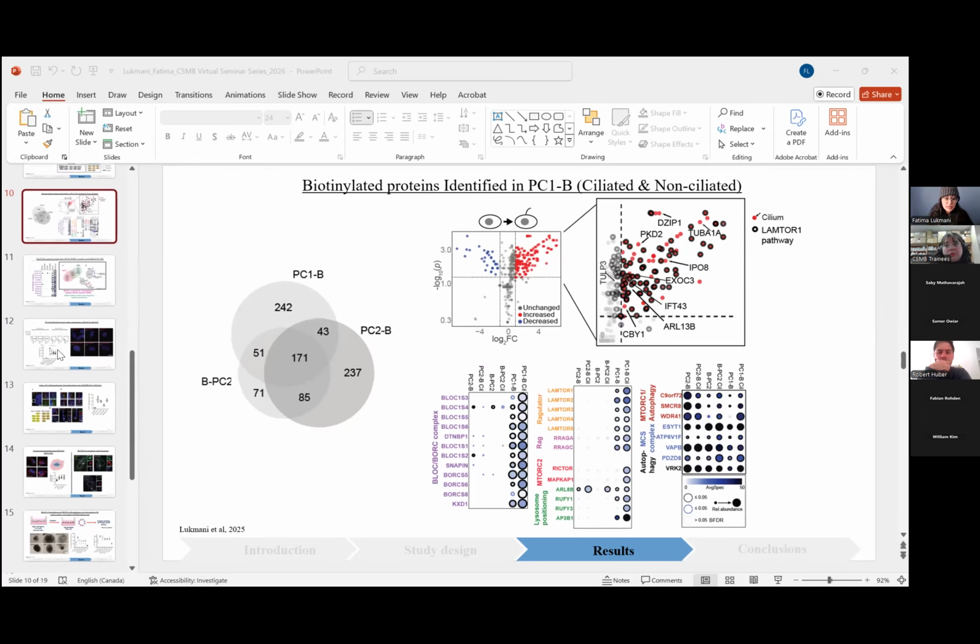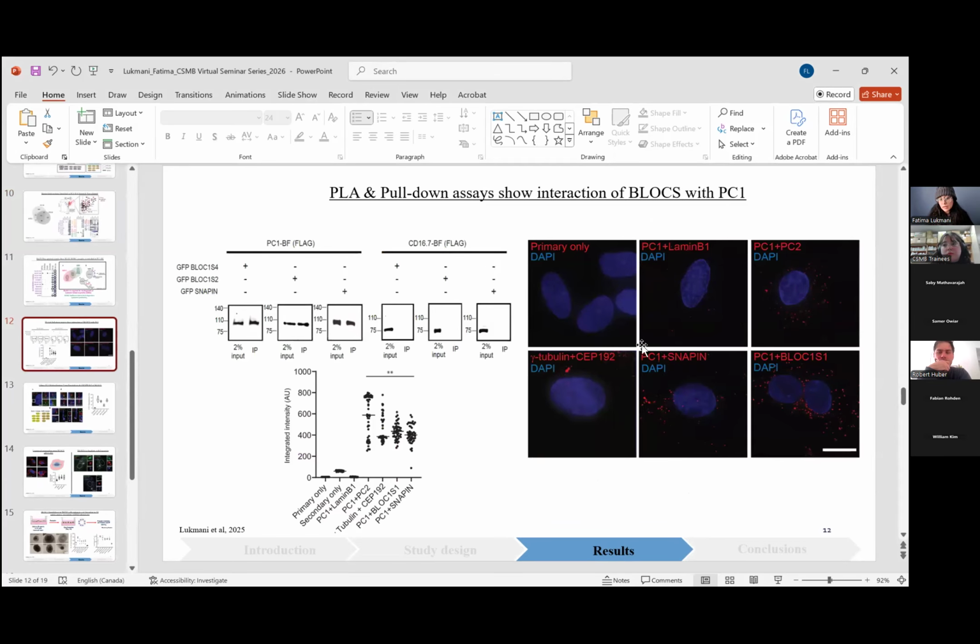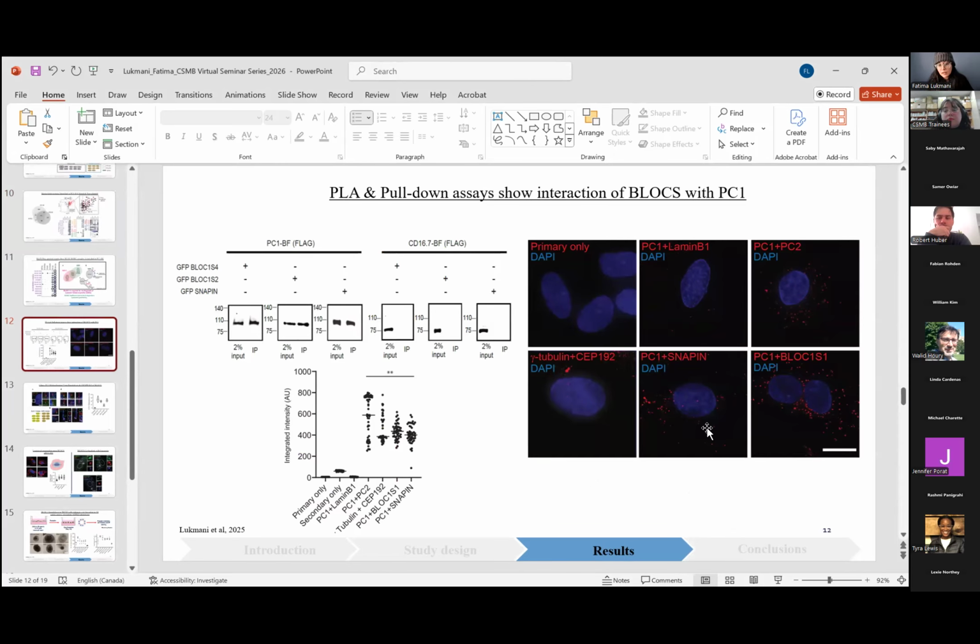The signal intensity was near similar to what you would see in the negative control. So it's completely not interacting, indicating that the mutant PC1 tail is failing to form any binding with any of these BLOC subunits.